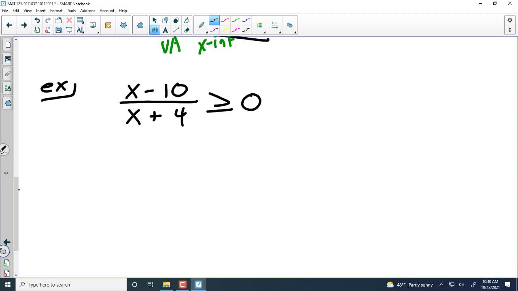We need to figure out where this graph has a vertical asymptote or where it has an x-intercept. Can anyone tell me where this graph has an x-intercept, at what x value? 10, the value that makes the top equal to 0. Yes. And it has a vertical asymptote at the exact same x value that you would kick out of the domain. So what x value do you kick out of the domain? -4.